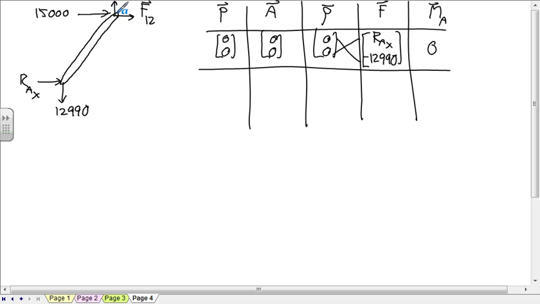And now up here, the coordinates where these forces are applied are 0.5, 0.866. I guess I'll do F12 first.